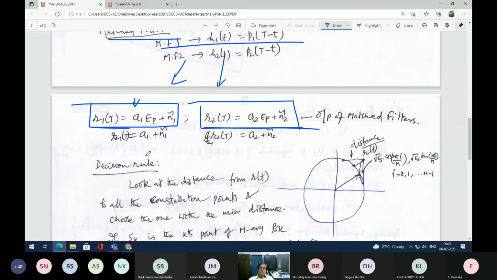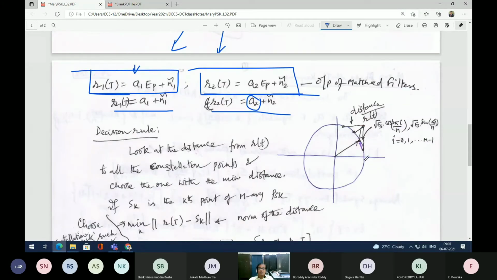Now we have R1 of T and R2 of capital T, which are A1 and A2, and here A1 and A2 are not simple amplitudes; they also have phase terms. The decision rule is going to be slightly different here because of the number of signaling points.